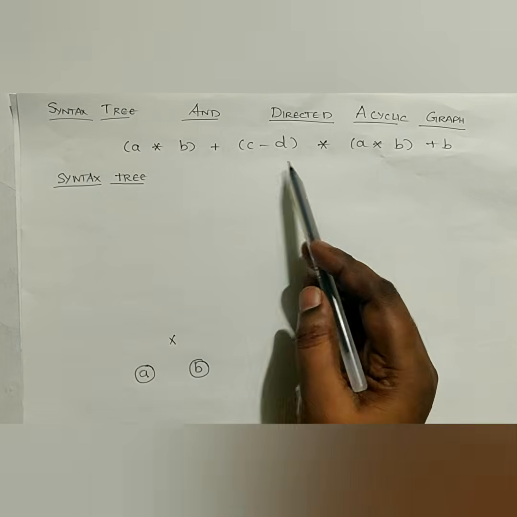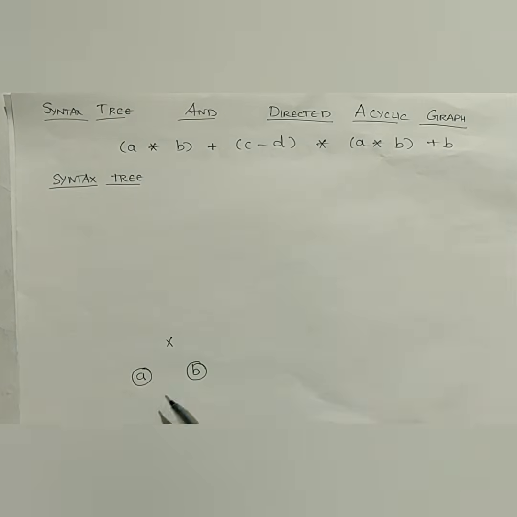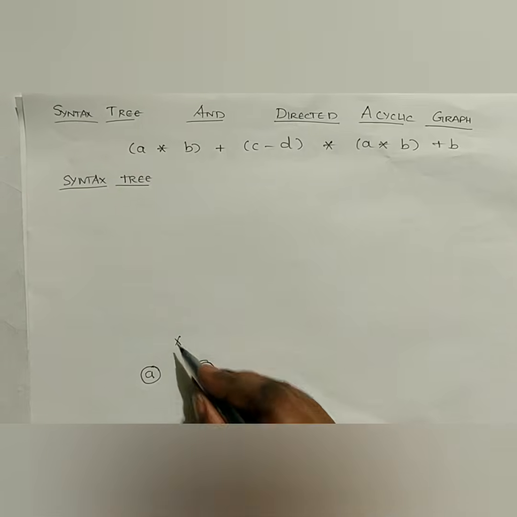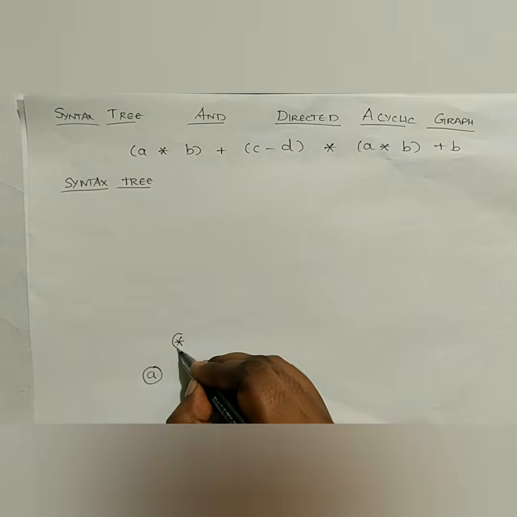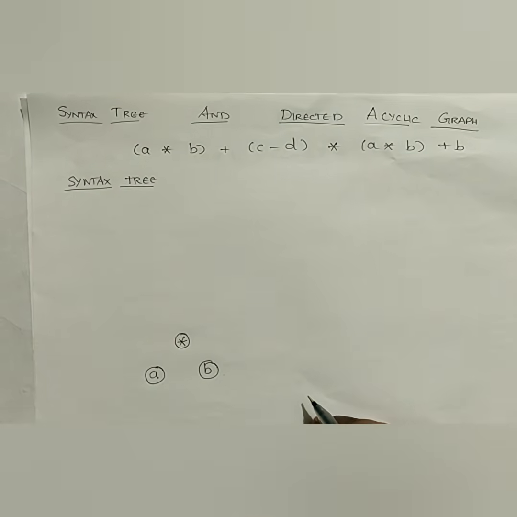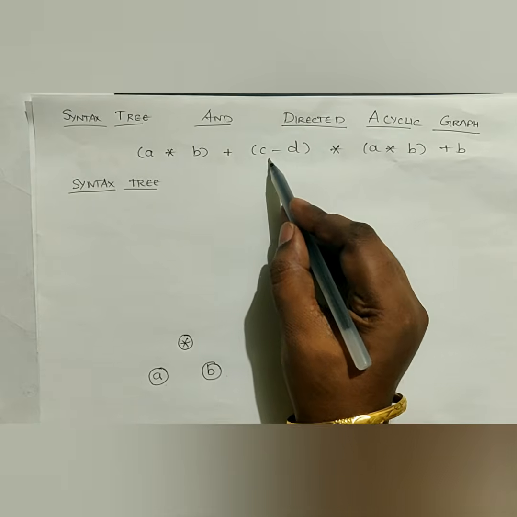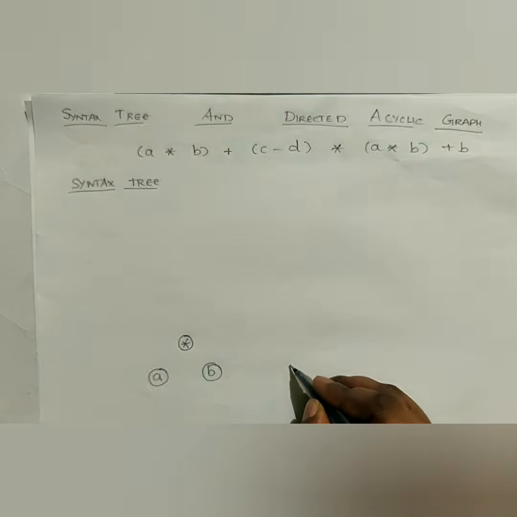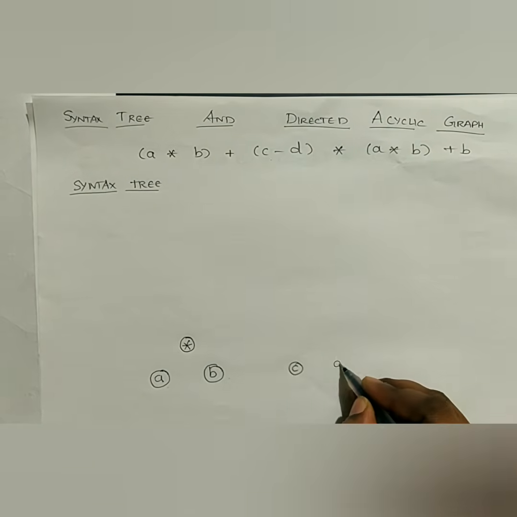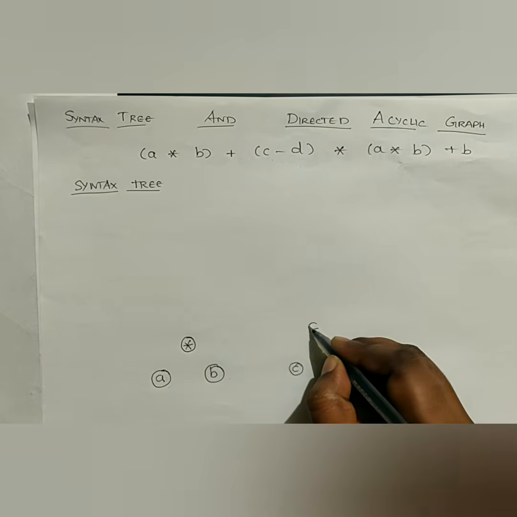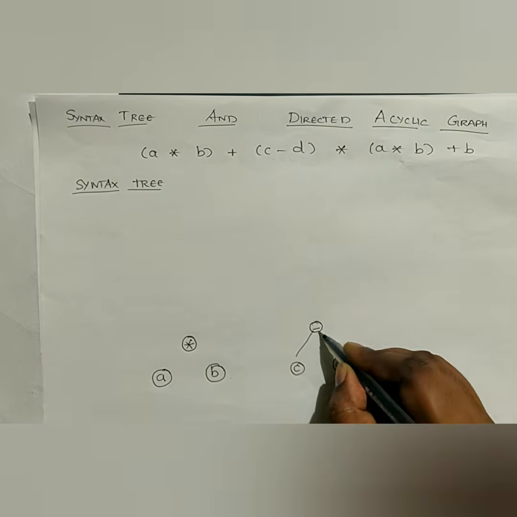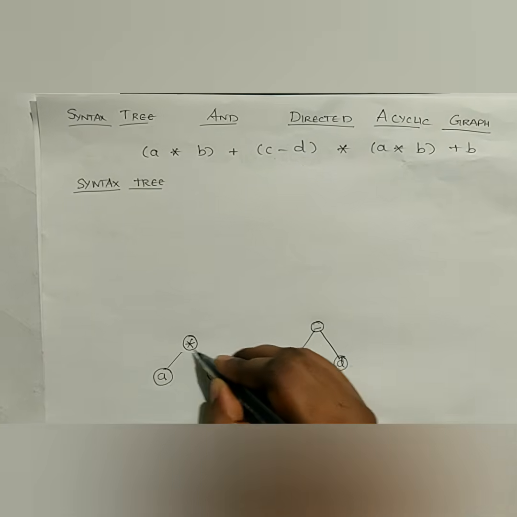Okay, first see A star B. I have written A, B and star as my first symbol. Now what is my next bracket? C minus D. Now C, D and minus. What is the meaning of this node?